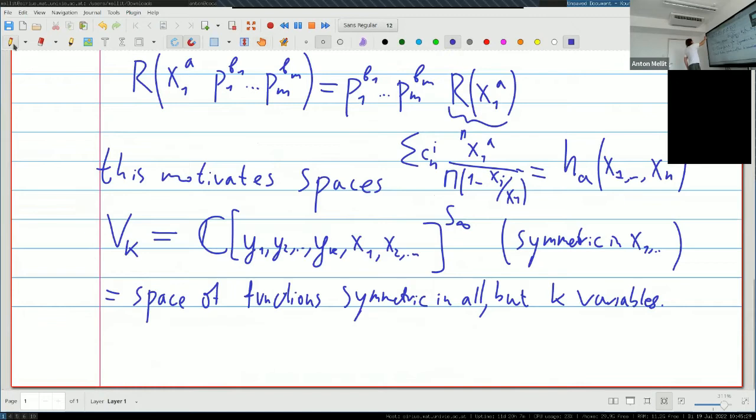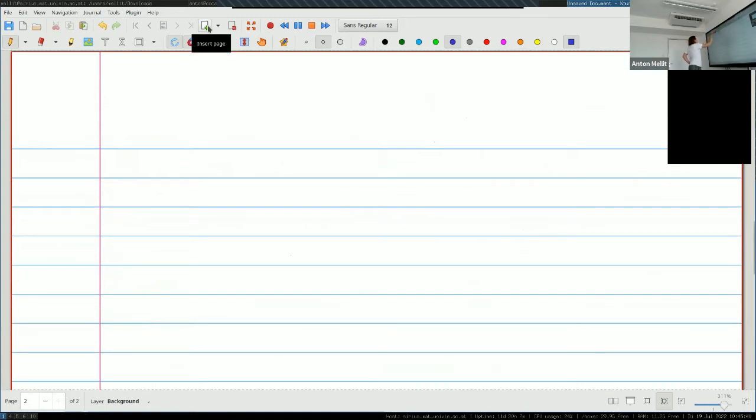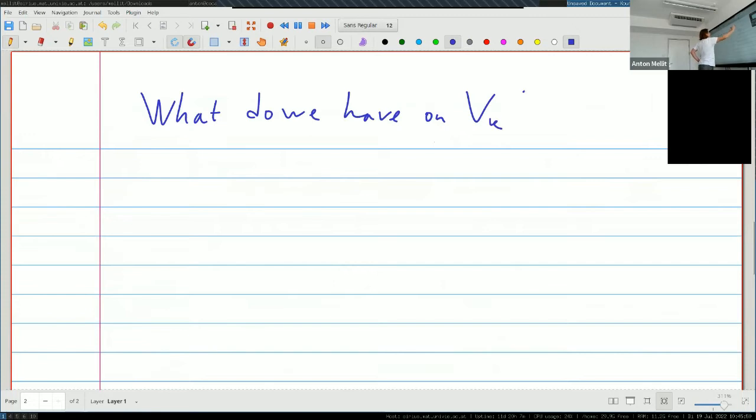Now, if you have this space, what is the important structure associated with this space? What kind of interesting operations do we have on VK?